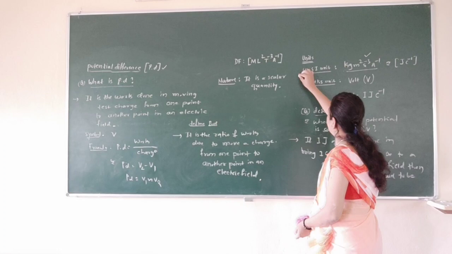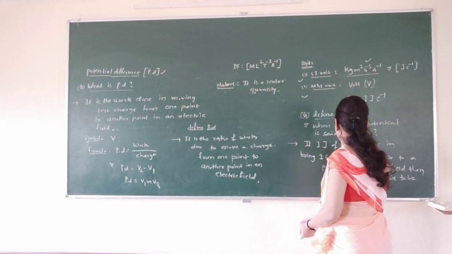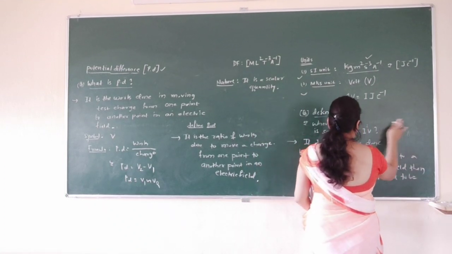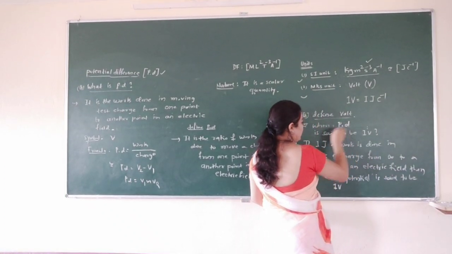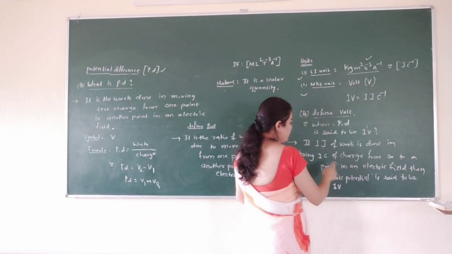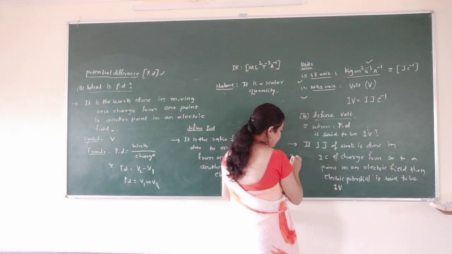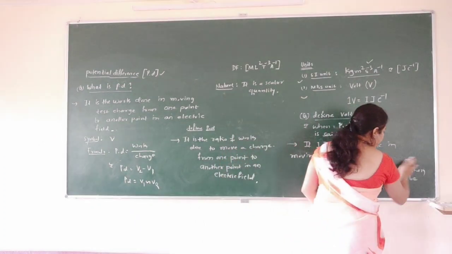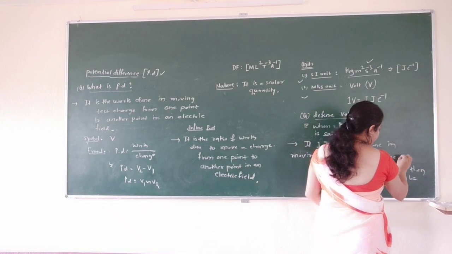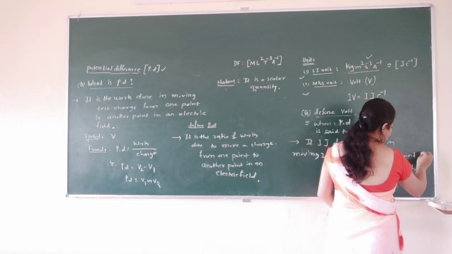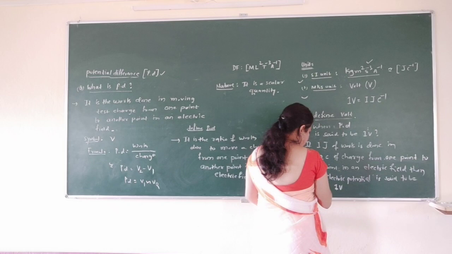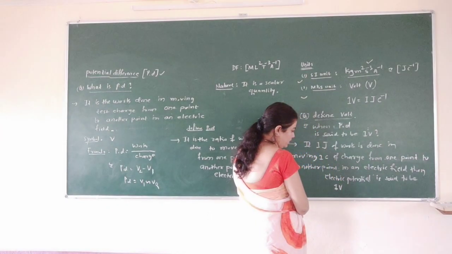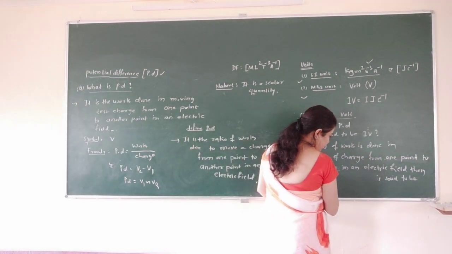So remaining SI unit same, MKS unit is also same, and define volt. The potential difference is said to be 1 volt if 1 joule of work is done in moving 1 coulomb of charge from one point to another point in an electric field.